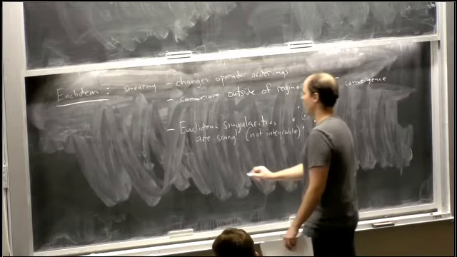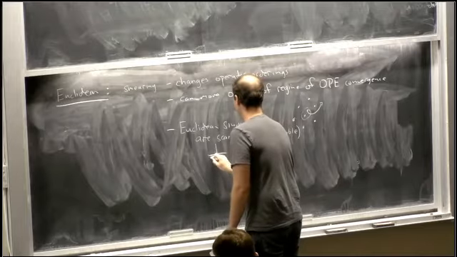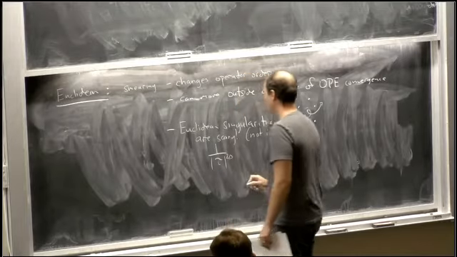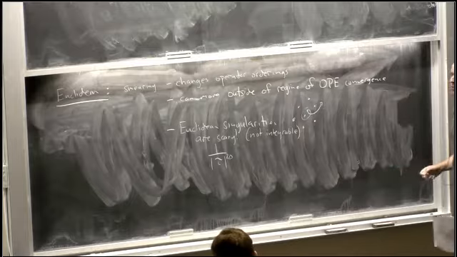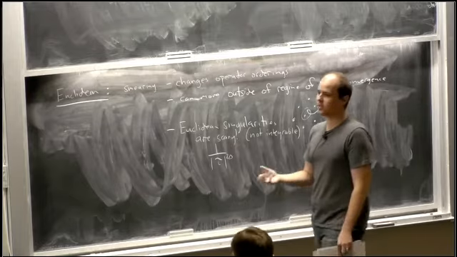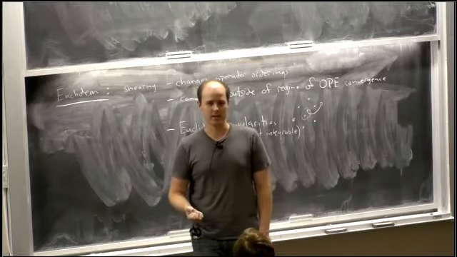They're of the form 1 over absolute value of tau to the 2 delta. And there's no structure at tau equals 0 that's going to save you when you try to integrate this thing against a test function.